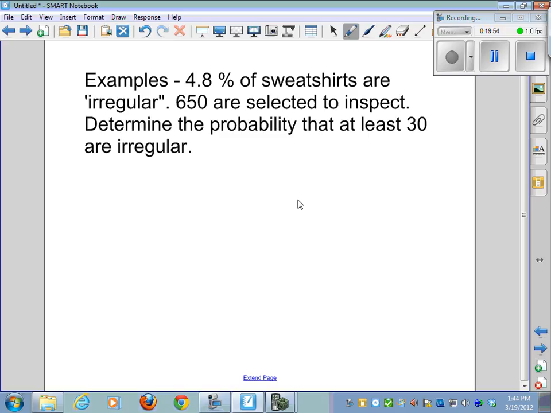Is this a binomial question? Is this a shade norm question? What's given? Are we given a mean? Doesn't say the mean is. Does it give a standard deviation? No. Is this a binomial? Yeah, because the sweatshirt is either irregular or it's regular. It's either good or bad. It's binomial.